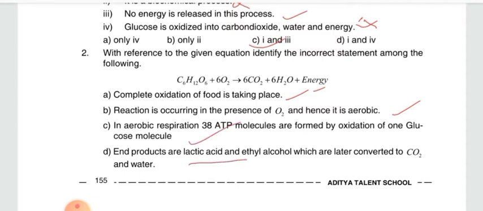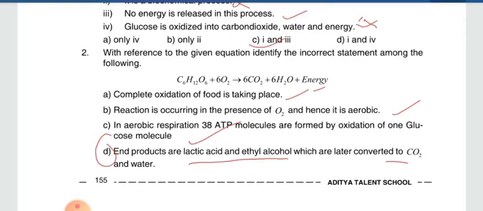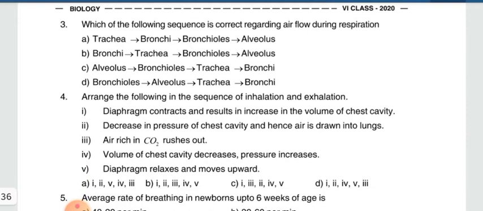And products are lactic acid and ethyl alcohol, which are later converted to CO2. No. Lactic acid is produced in the anaerobic respiration of humans. Ethyl alcohol is produced in the anaerobic respiration of lower organisms. Whereas in aerobic respiration, carbon dioxide and water vapor are the end products along with energy. So D is false.